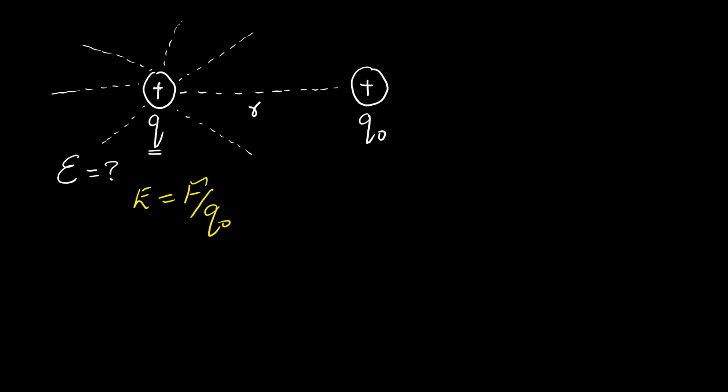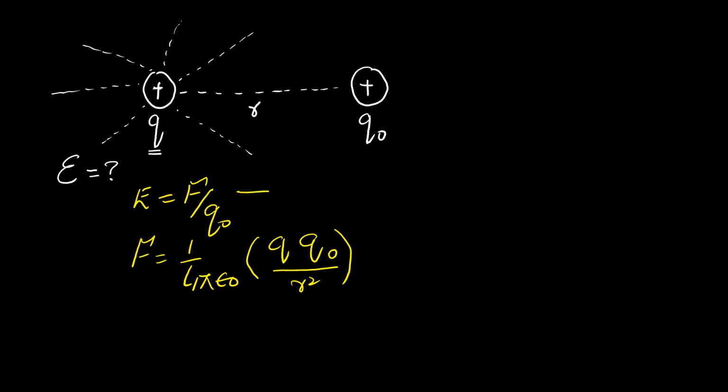According to Coulomb's law, force is equal to 1 over 4 pi epsilon naught into Q, which is a point charge, into Q naught, which is a test charge, divided by r squared.